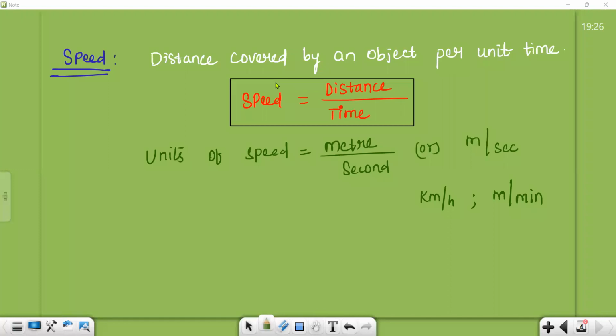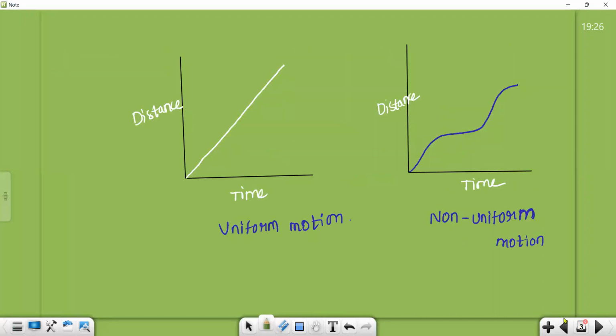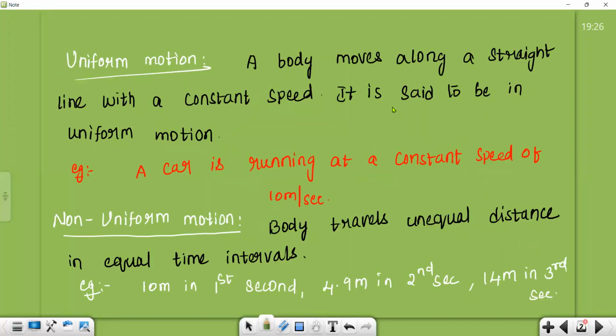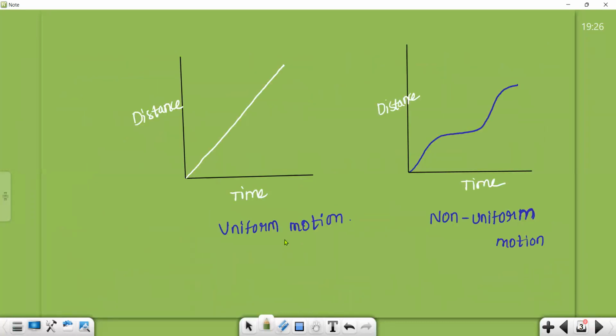Because the definition says it is not in a straight line, and the rotation of Earth around the sun is in an oval shape. For uniform motion, see the graph, we mentioned particularly that it must be in a straight line. But the revolution of Earth around the sun is not a straight line, it is circular. So in this case, we won't consider it uniform motion. So we can't tell that.